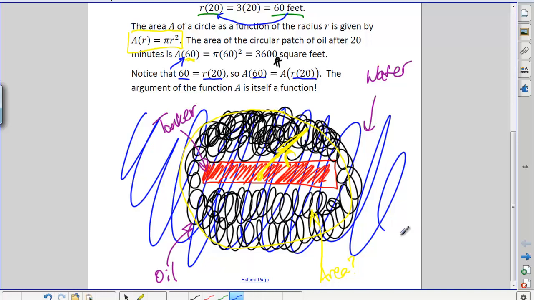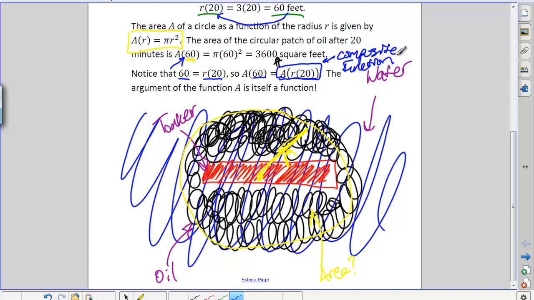Okay, so the argument, the thing we're plugging into that function A, is actually another function. That 60 was R of 20. And so you notice this little statement where you have a function inside of a function. This is what we would call a composite function. Okay, A of R of 20.